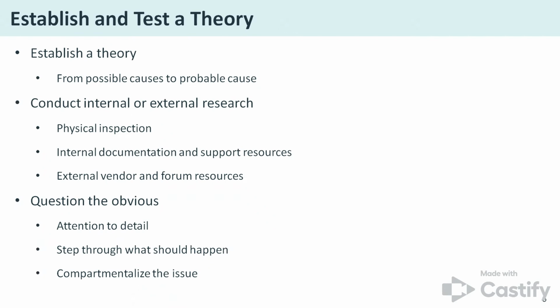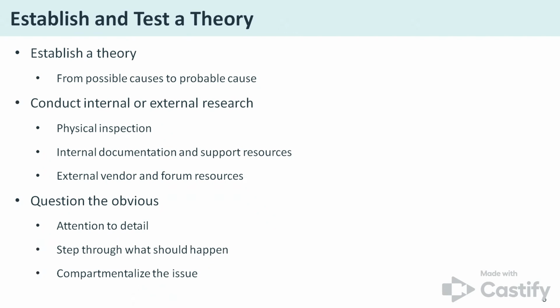Look at the internal documentation, your company policies and procedures. Then when you notice that the hardware is intact, everything is fine, but still it is not working, what do you do? You look at the external vendor. External vendors are likely the people that sell this product. Go to forums and research to get information about the hardware.